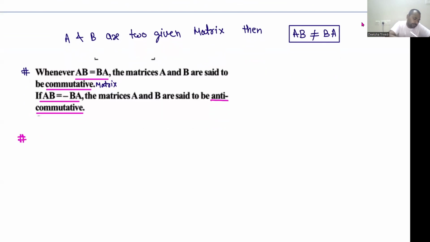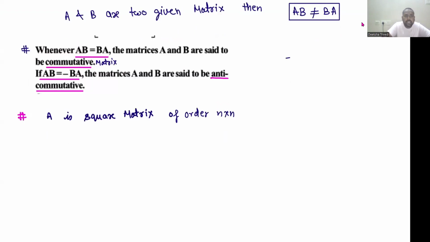Next thing we can say that A is a square matrix of order n cross n.